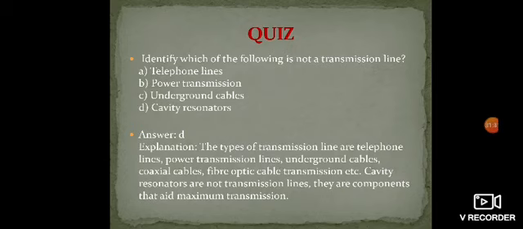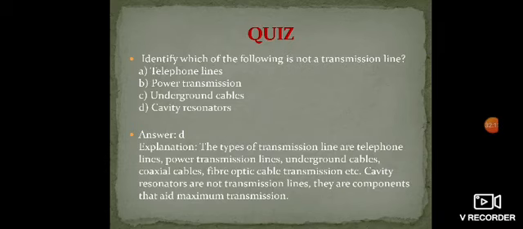The first one, the telephonic line, is a transmission line, and power transmission comes under the lines only, and underground cables are fiber optic cables, and the last one is the odd one, that is cavity resonators. These are used for microwave devices, under which we have some multi cavity resonators, and it is not a transmission line.